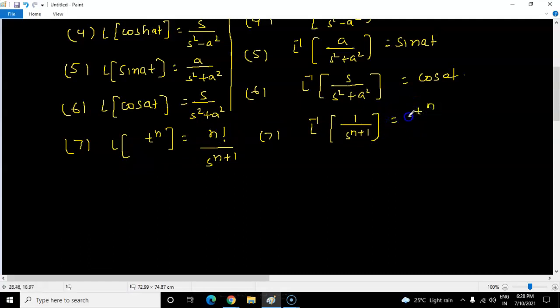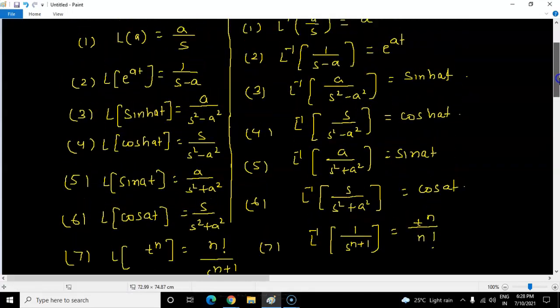That becomes t to the power n by n factorial. So these are the 7 formulas which we studied in the Laplace. Same in reverse, they become the Laplace inverse transforms. These are the formulas.